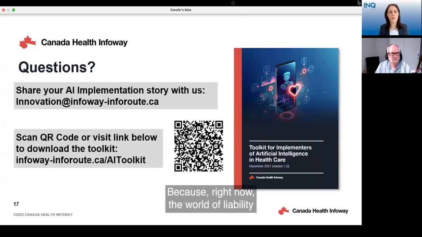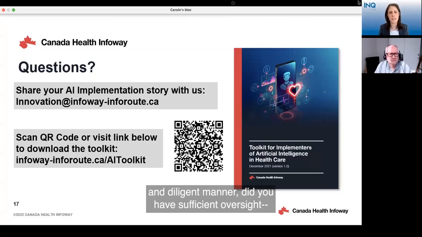Because right now, the world of liability for AI systems is contractually bound. It's determined by those contracts, or where something is done internally, we still apply traditional diligence analysis. What we're looking at is, did you develop the system in a responsible and diligent manner? Did you have sufficient oversight?